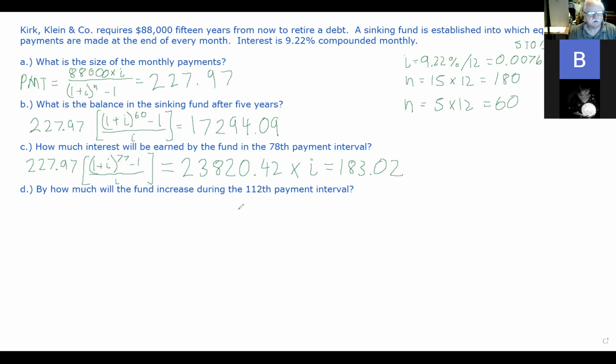We might have to add in the payment. Let's think about it. But let's figure out this bit first. 227.97, 1 plus i to the power of 111 minus 1 over i.